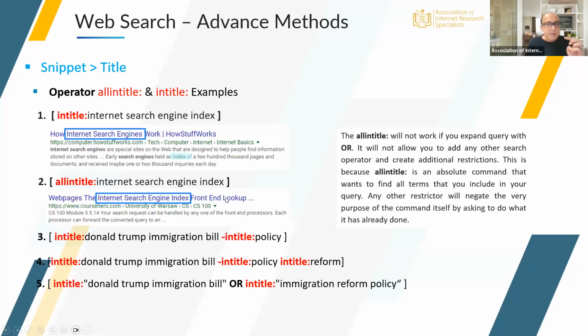Search may be another word somewhere here, index could be another word, but at the same time, it will ensure that all words are at least visible or included in the title statement. So there is a difference in how you are going to get your results, comparing in title with all in title, and understanding what the differentiator is if you put something within quotes or outside of the quotes.